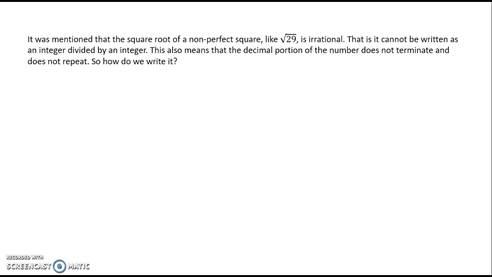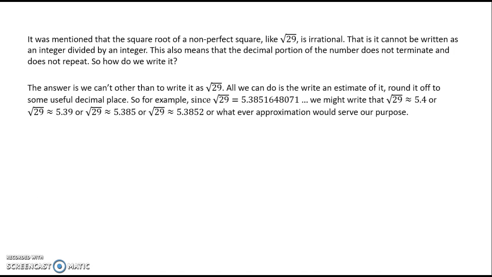So, how do we write it? Well, the answer is we can't write it any other way than to write it as the square root of 29. All we can do is to write an estimate of it, round it off to some useful decimal place. For example, since the square root of 29 equals 5.3851648071, and so on, we might write that the square root of 29 is approximately 5.4.